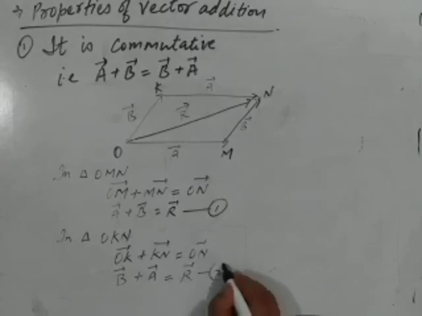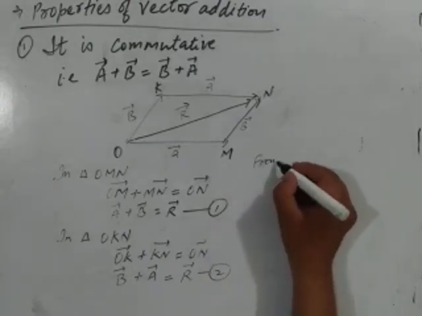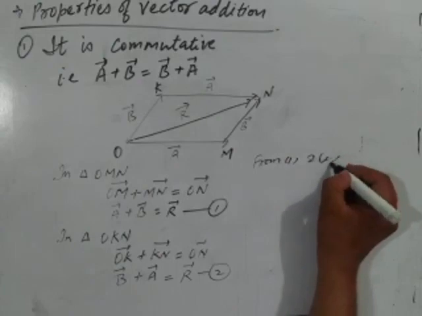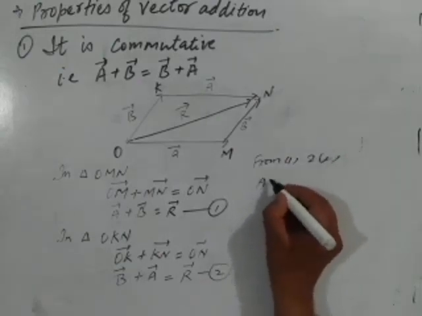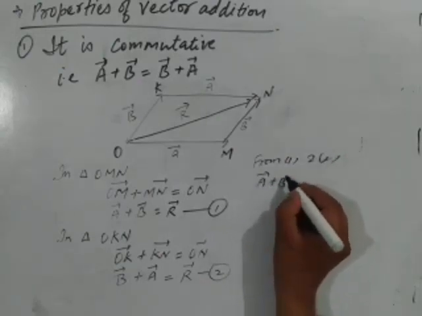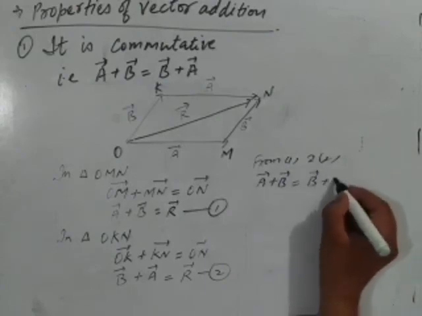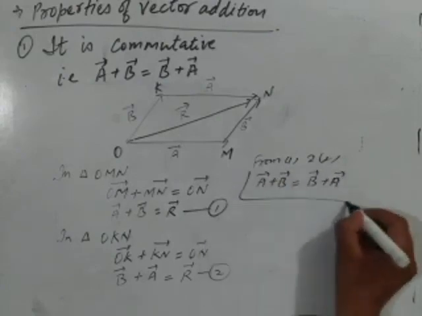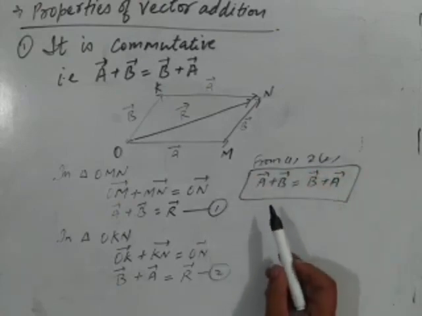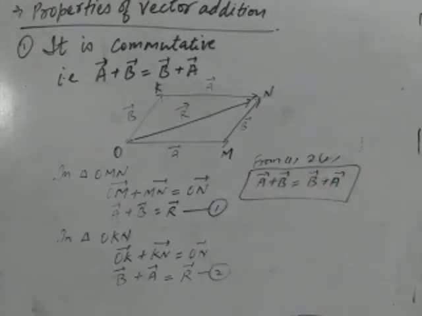This is equation number 2. So if we compare these two equations, from 1 and 2 it is clear that A vector plus B vector equals B vector plus A vector. So this proves the commutative property of vector addition.